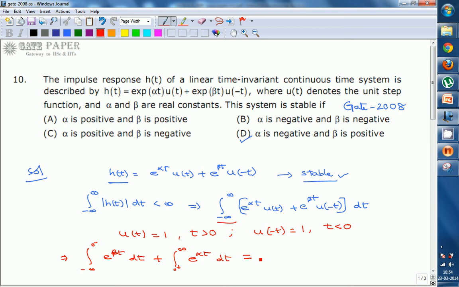For 0 to infinity, the first term becomes 0, and for minus infinity to 0, the second term becomes 0, because we have u of t only for t greater than 0 and u of minus t only for t less than 0. This total integration must be less than infinity for stability of the system.